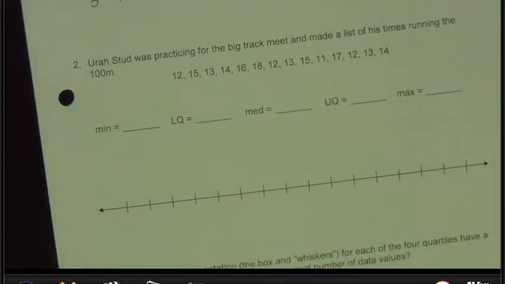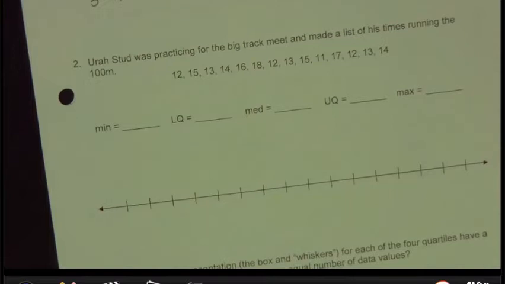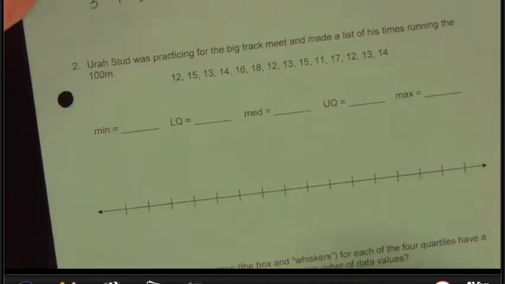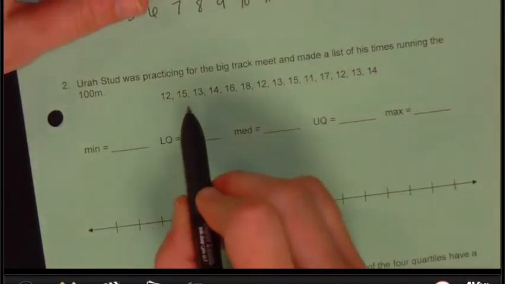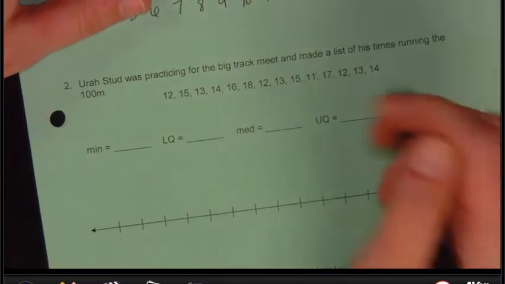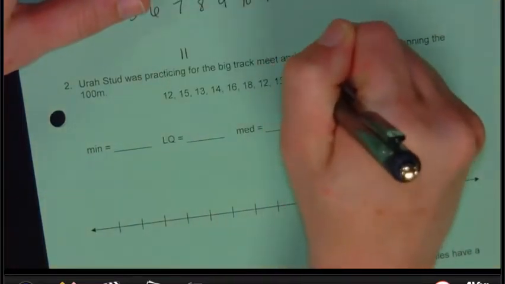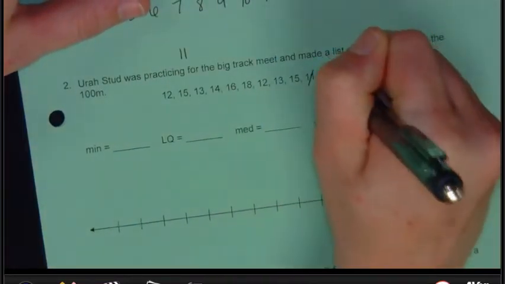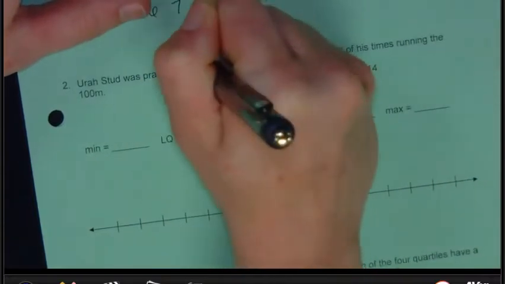Your student was practicing for the big track meet and made a list of times he was running his 100-meter, I'm guessing, dash. I need to create a box and whisker plot here. Now let's see. Looks like 11 is my lowest number. So I have 11. I'm going to have 12. So 1, 2, 3 12s.